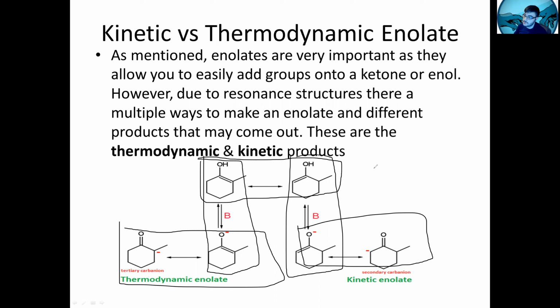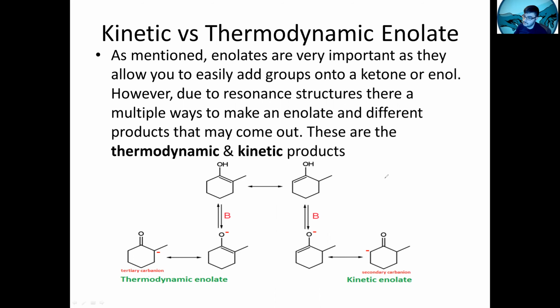So for example, if I wanted to add Cl2, a chlorine group, onto these, if I was adding it onto this one, I would get this as my product. Whereas if I wanted to add it to this one, I would get this. You can see how this and this are different molecules, right?